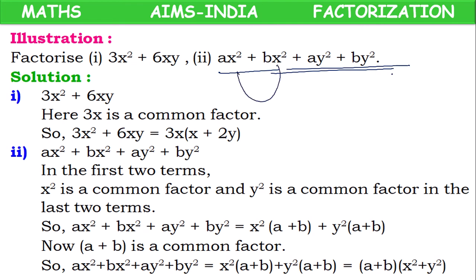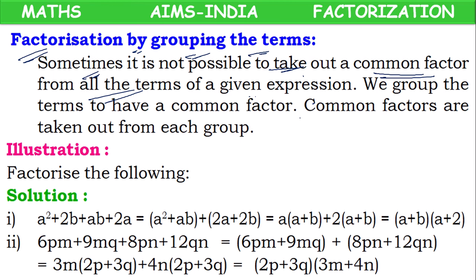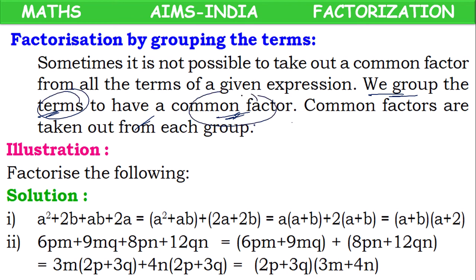So these two we have grouped, these two we have grouped. For our convenience, we group the terms to have a common factor, means the terms which have a common factor we group as a single group, and common factors are taken out from each group.